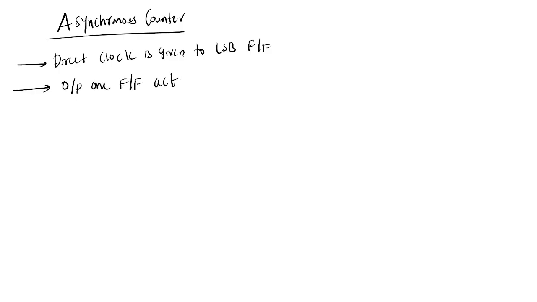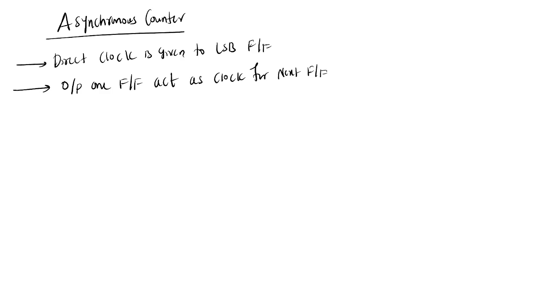Direct clock is given to the LSB flip-flop, and the next flip-flop receives the clock from the output of the previous flip-flop, as I told you. That means the output of one flip-flop acts as clock for the next flip-flop. Clock is given to LSB.